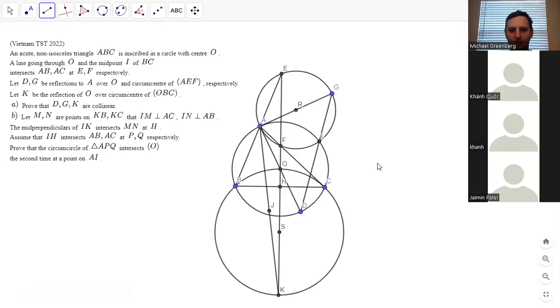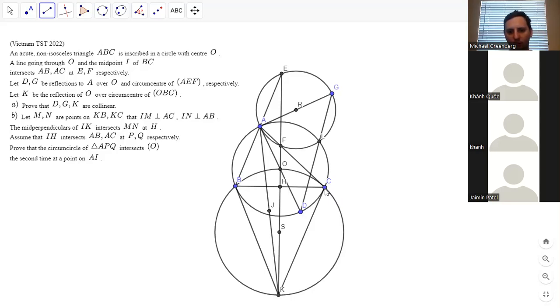Which means we need to prove that LBDC is a harmonic quadrilateral. Sorry, did you say LBKC? LBDC. If we can prove that it is harmonic, then we know K is the intersection of the two tangents. So if it is harmonic, then it must pass through K. All right, that makes sense.